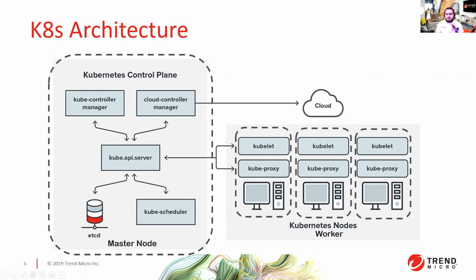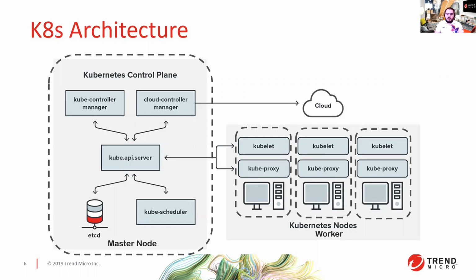On the top left corner, you have the kube controller manager, which is responsible for several internal tasks in the cluster, noticing when a pod does not respond and maintaining the correct number of pods, etc. And you have the cloud controller manager, which interacts with cloud providers, managing resources such as load balancers and disk volumes.